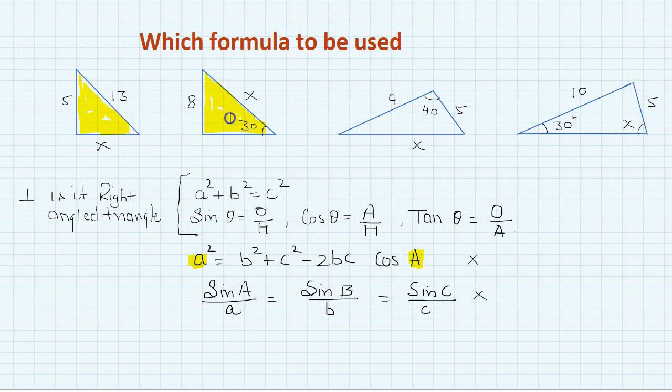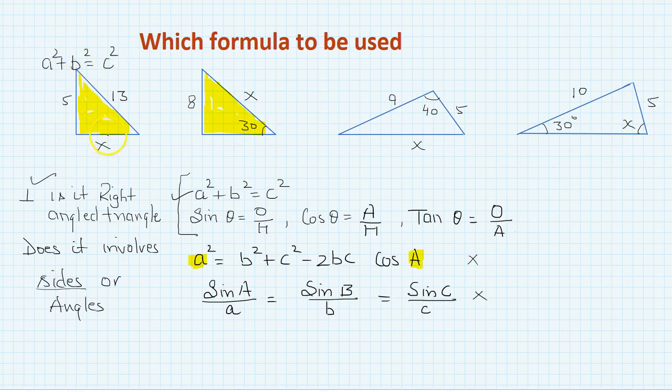Now the second thing you are supposed to ask is, does it involve sides or angles? For example, this question. This is a right angle triangle. Yes. Does it involve the sides or the angles? This one is involving only sides. So if it involves only sides, we are going to use the first formula: a square plus b square is equal to c square.